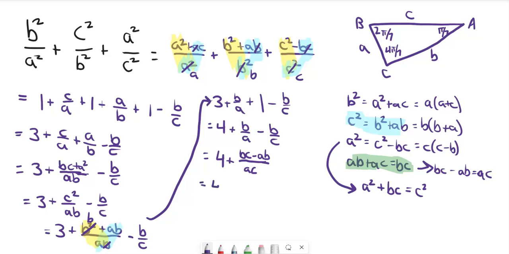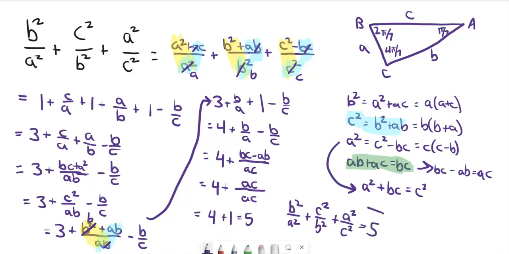So I will replace bc minus ab with ac over ac. So I get 4 plus 1, that will equal 5. So what happens is I get b squared over a squared plus c squared over b squared plus a squared over c squared equaling 5. And that concludes the derivation right there.